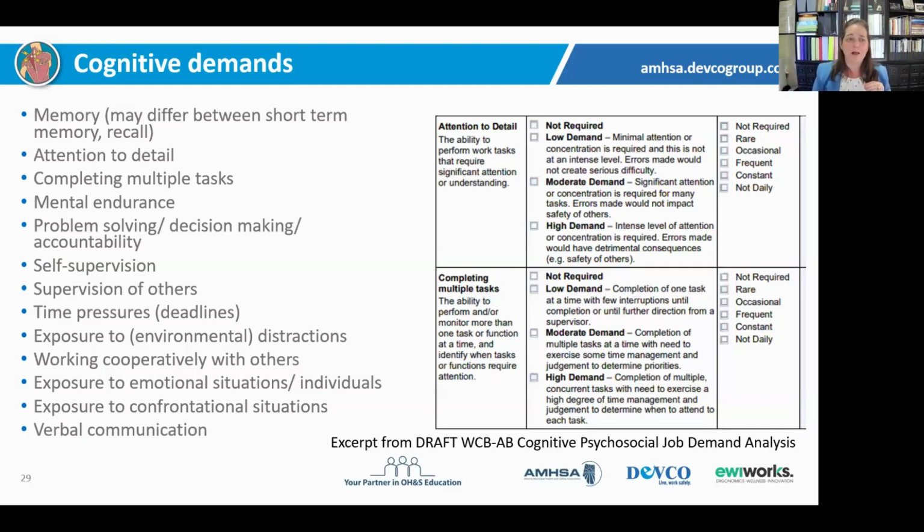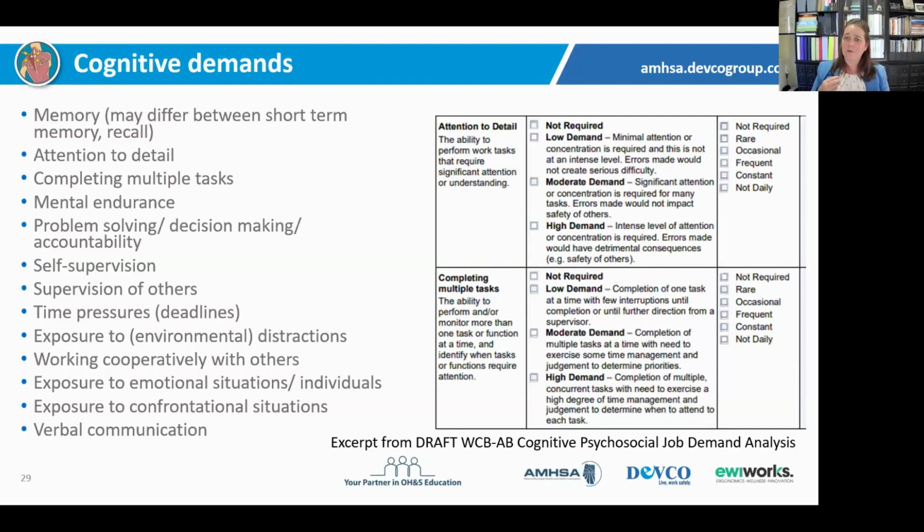So for example, if you are completing multiple tasks, what kind of intensity is it? Everybody thinks that they're multitasking all of the time, but is it actually required in your job? And if it is required, how much of it is required?